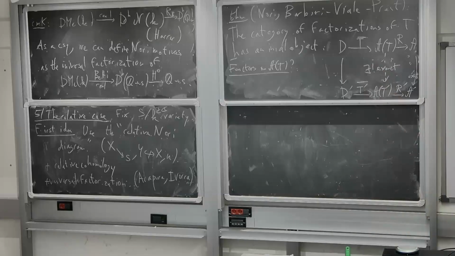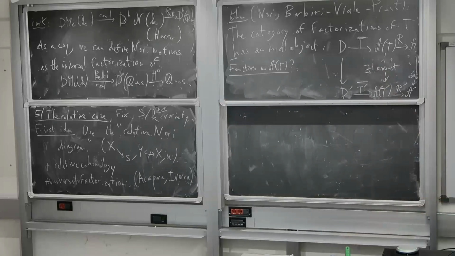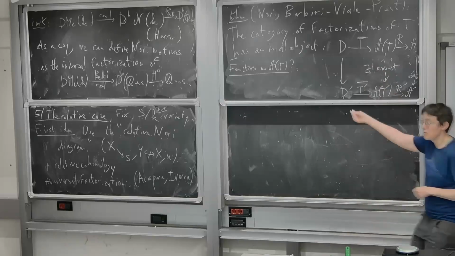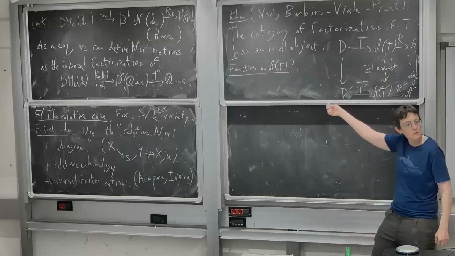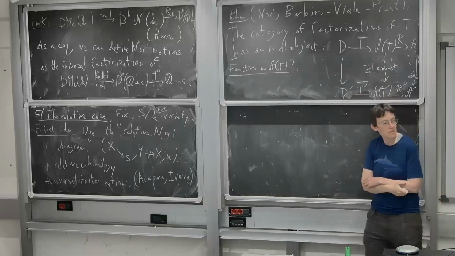I guess this is probably the most important point I should make today: if you want to construct a functor on this universal factorization, you need two things. You need it to be defined at the level of the diagram that you're using, and you need it to be exact on the realization, whatever realization you're using.